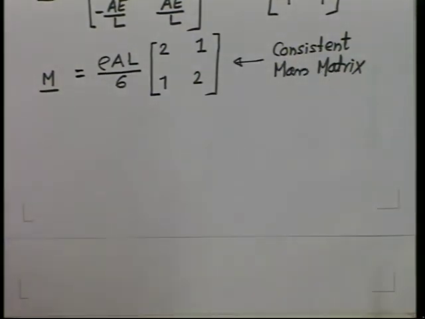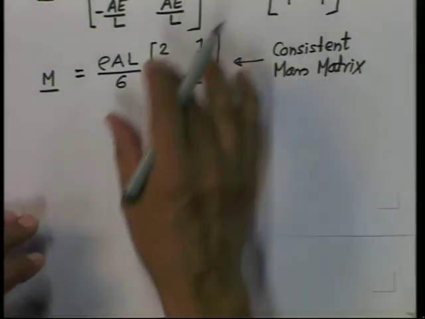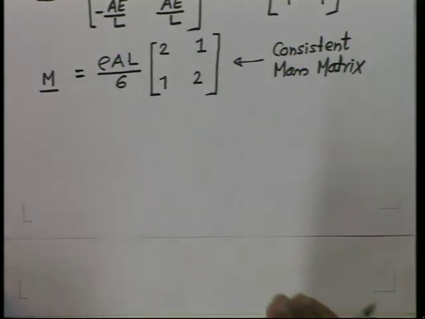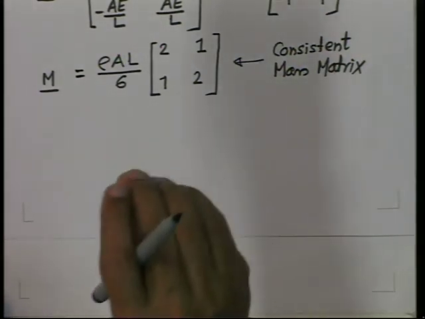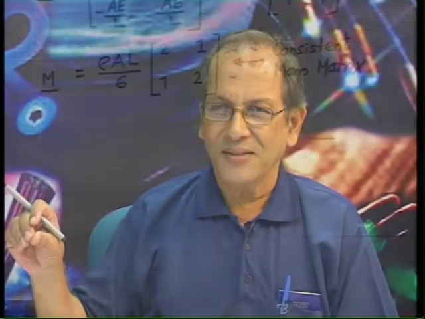Because when it started, people were not deriving, they were directly putting the mass at the nodes. If an element is there, just from physical considerations, half of the mass of the rod will be put at the 2 nodes. People were working even without this derivation, just by lumping the mass.